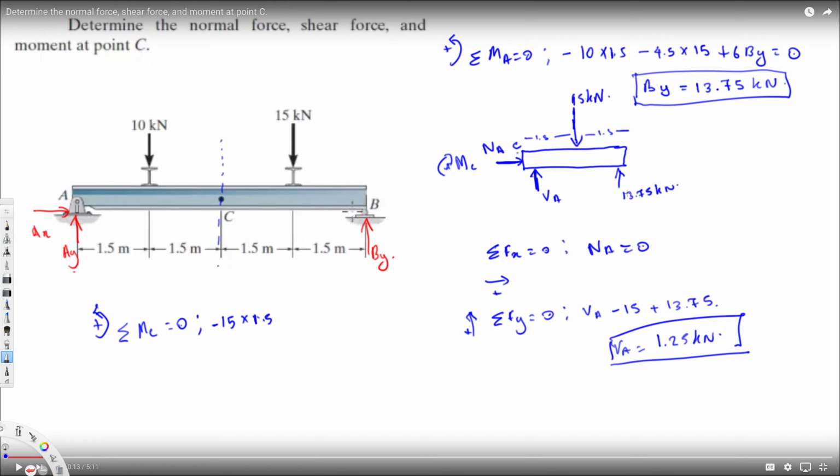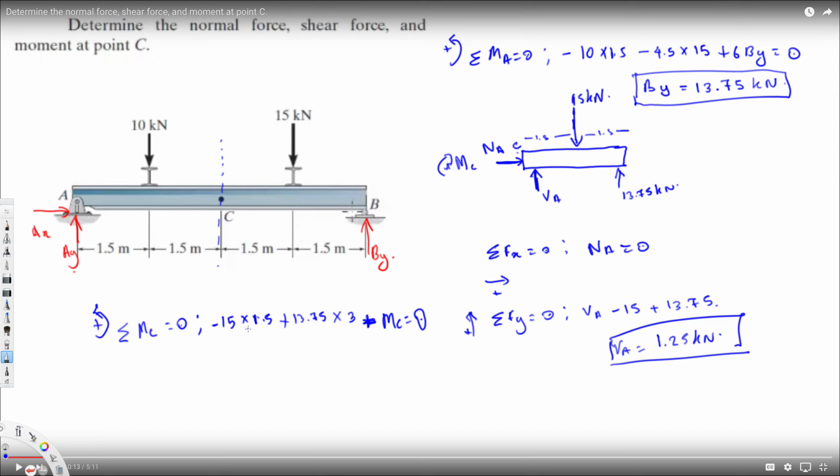Then we have 13.75 pulling this object counterclockwise, so it's going to be plus 13.75 times 3, and let's say MC is positive, equal to 0. You can put negative or positive for MC and you will figure it out after you find the values.